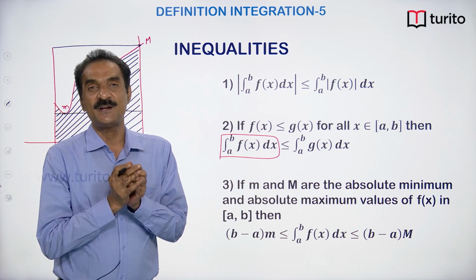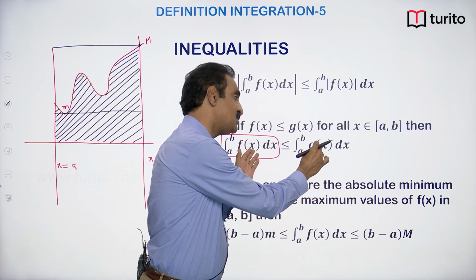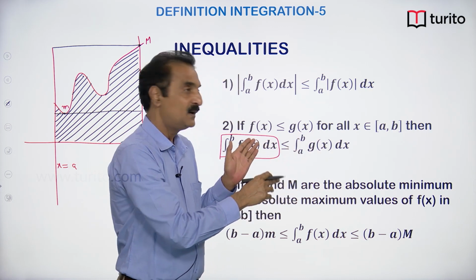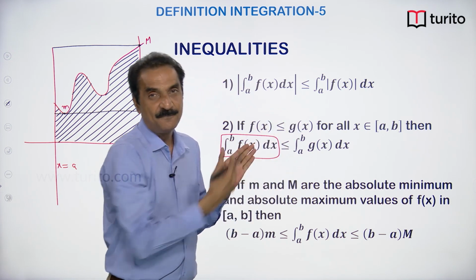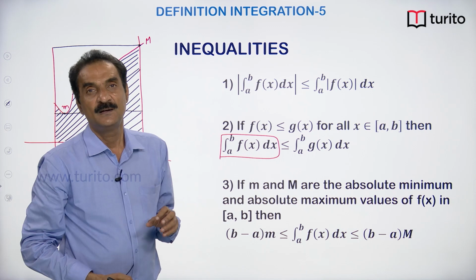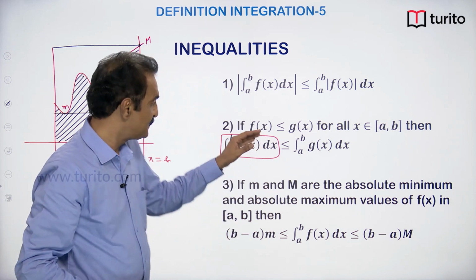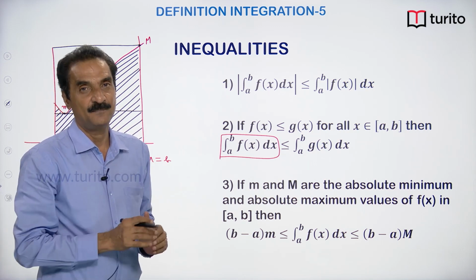If f of x is not an integrable function, then if you know that f of x is less than g of x, where g of x is integrable, then using this you can calculate this and we can get some upper limit of integral a to b f of x dx, okay. So, using this point and this point, we can estimate the interval of the definite integral.